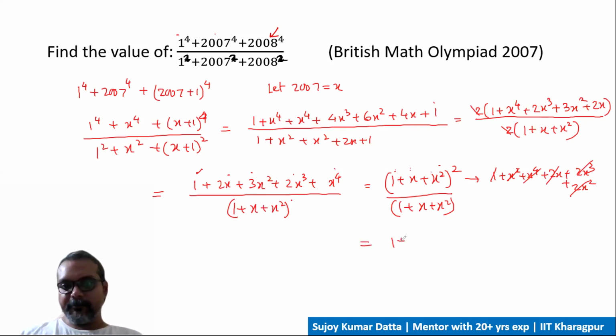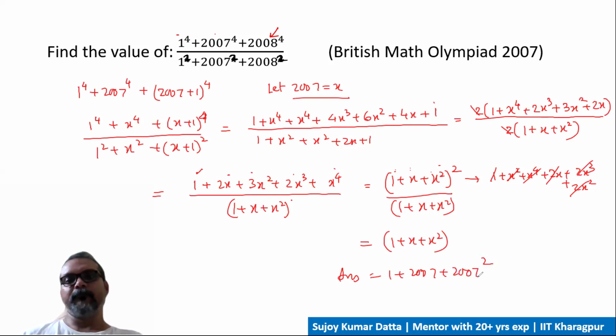So this is clearly 1 plus x plus x squared. So since x was 2007, the answer is that. Let's go to the next question.